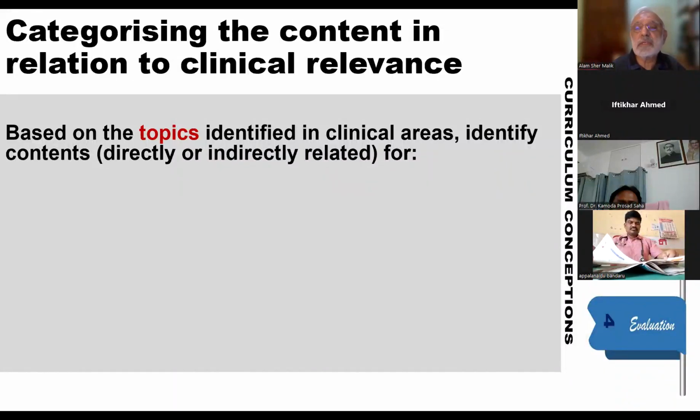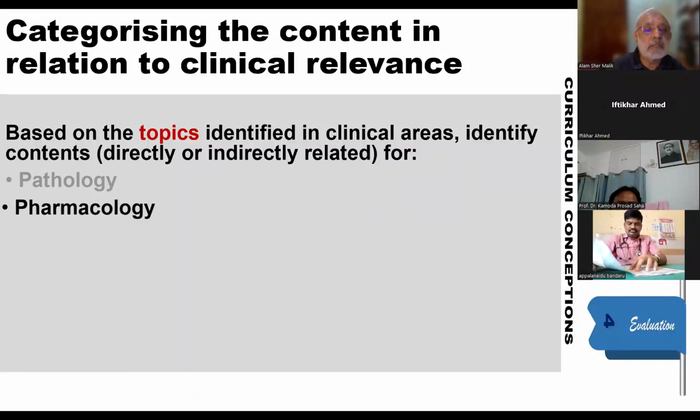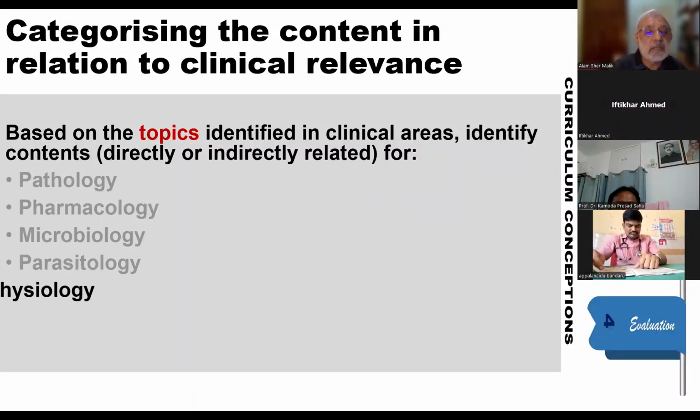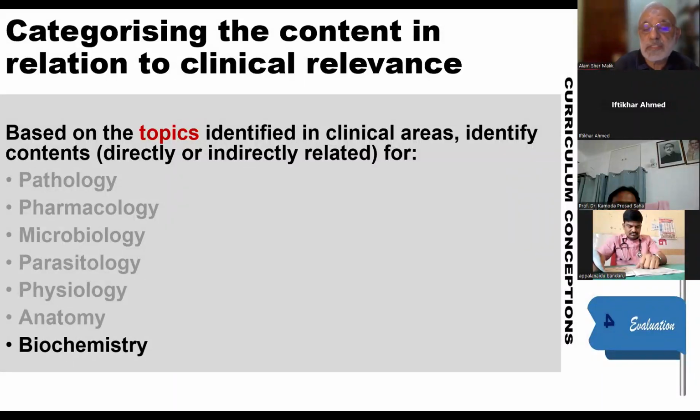Similarly, now the same guideline would be used to identify the topics in the paraclinical and basic medical sciences. For example, we were talking about acute myocardial infarction. So we have to identify the topics in pathology in relation to myocardial infarction, pharmacology in relation to acute myocardial infarction, microbiology, parasitology, physiology, anatomy, and biochemistry.